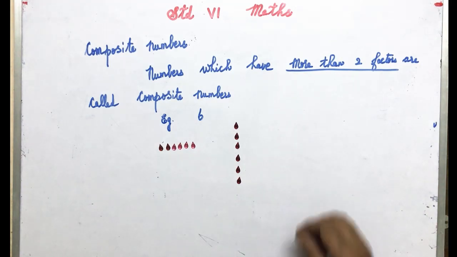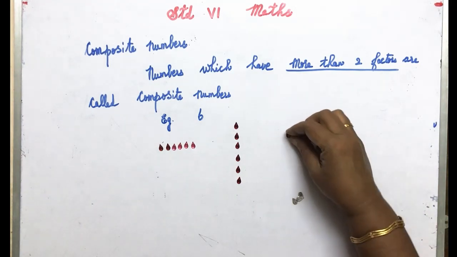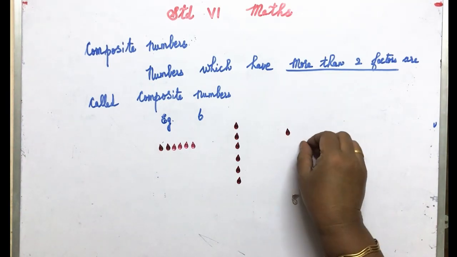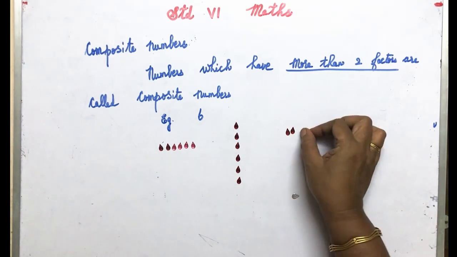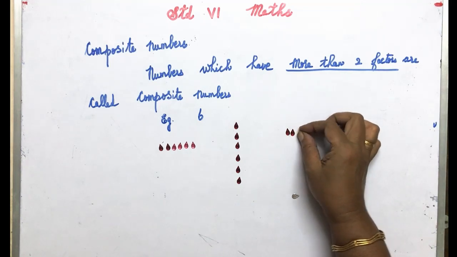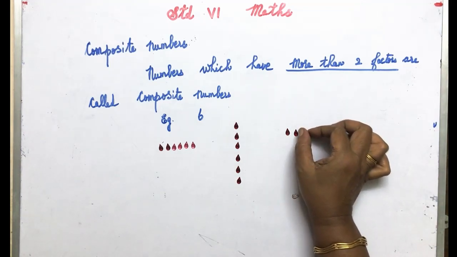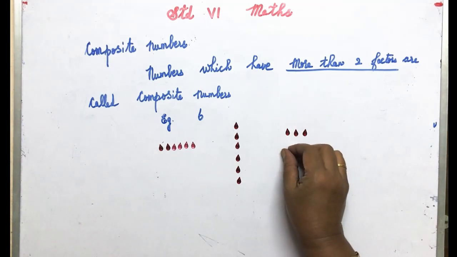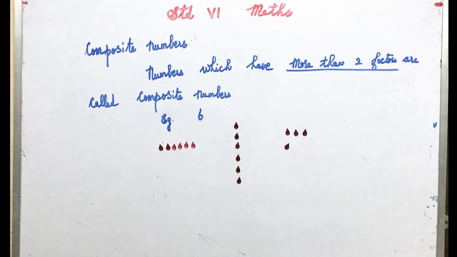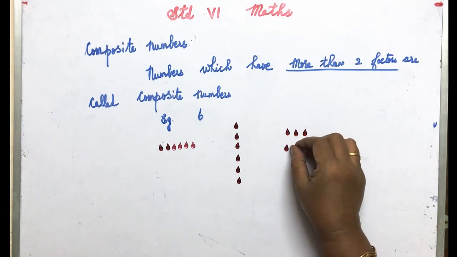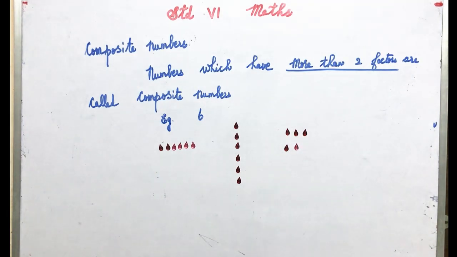We can arrange in 2 rows. So 1, 2, 3. So this is the first row and this is the second row now. So 1, 2, 3.